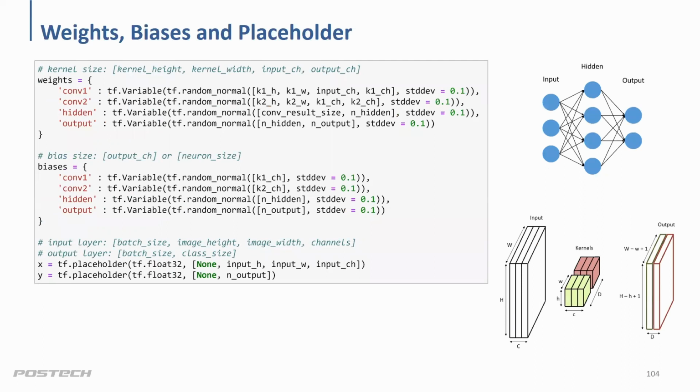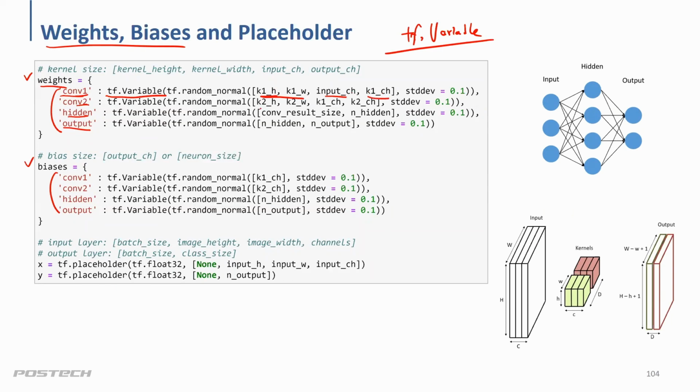And over here we have the tf.Variables, which are all the weights and biases that we need to learn from the data set. For the weights, we have the conv1 and conv2 layers, hidden layers, and output layers, and we repeat the same names for the weights and biases. For the tf.Variables, we have the kernel size, the input channels and the output channels.